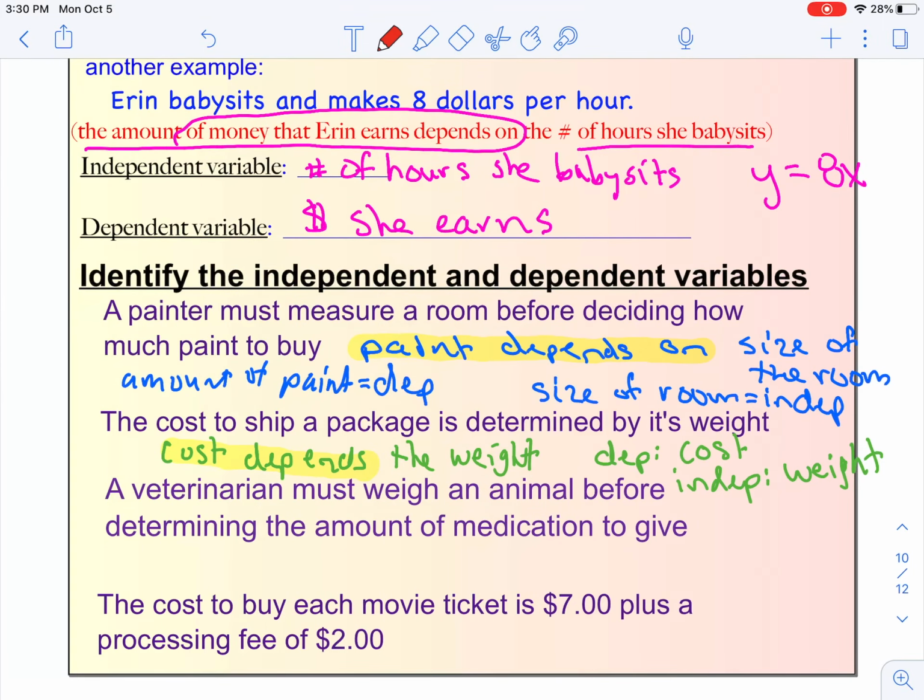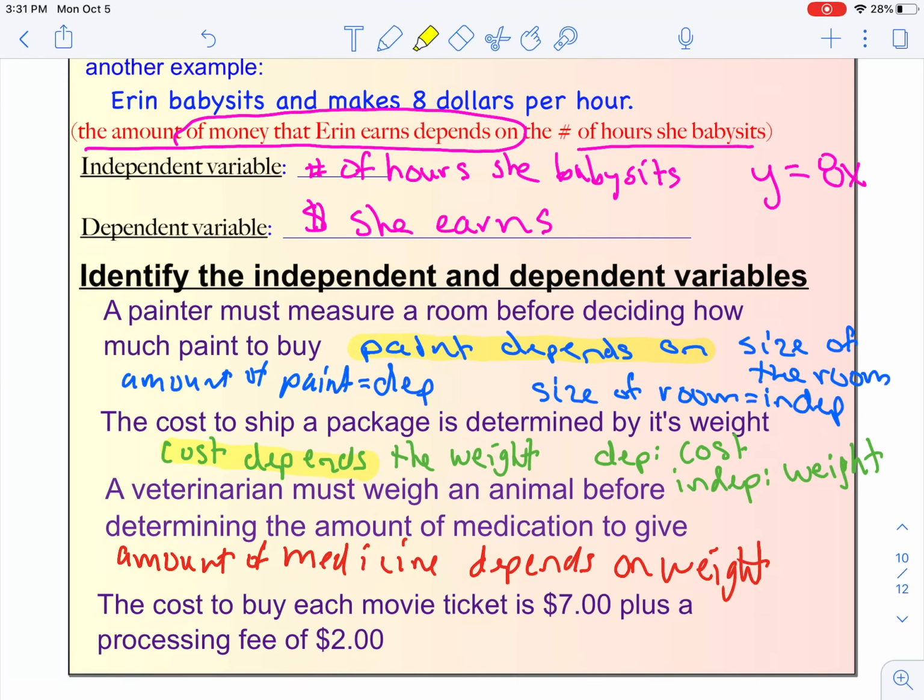Let's try the next one together. A veterinarian must weigh an animal before determining the amount of medicine to give. Okay, so you can't just give the same amount of medicine to every animal. So the amount of medicine depends on the animal's weight. I usually like to write it first. So the amount of medicine or medication depends on the weight.